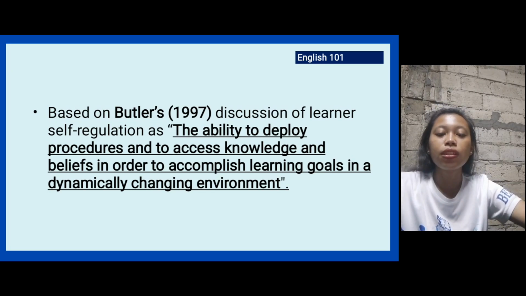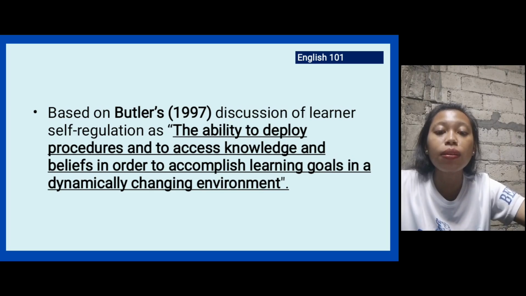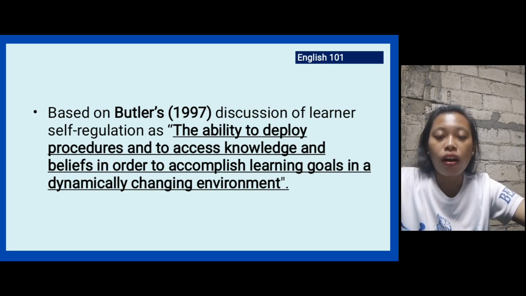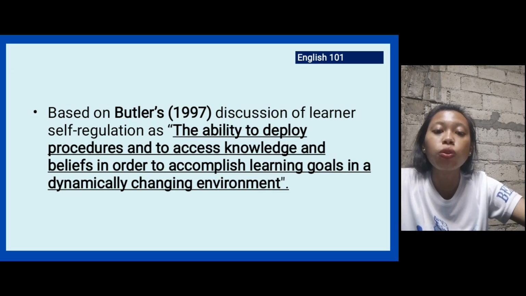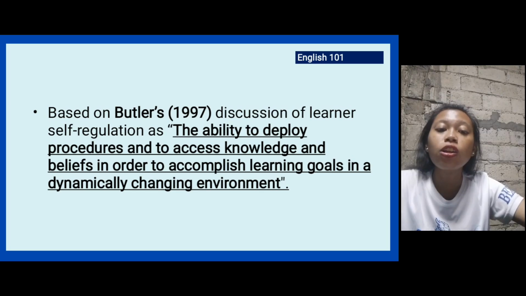In simple terms, it means being an independent learner. Someone who plans what to do, uses what they've learned, believes they can succeed, and adjusts their actions when faced with challenges or new situations.